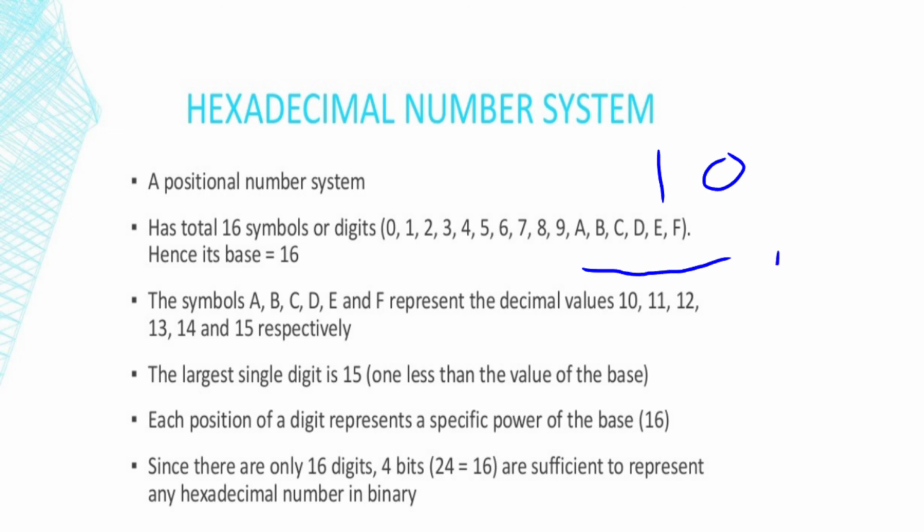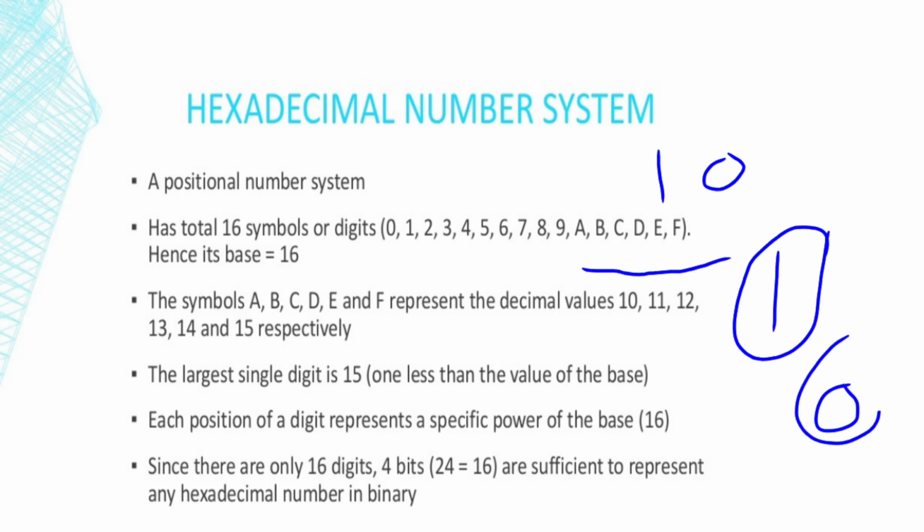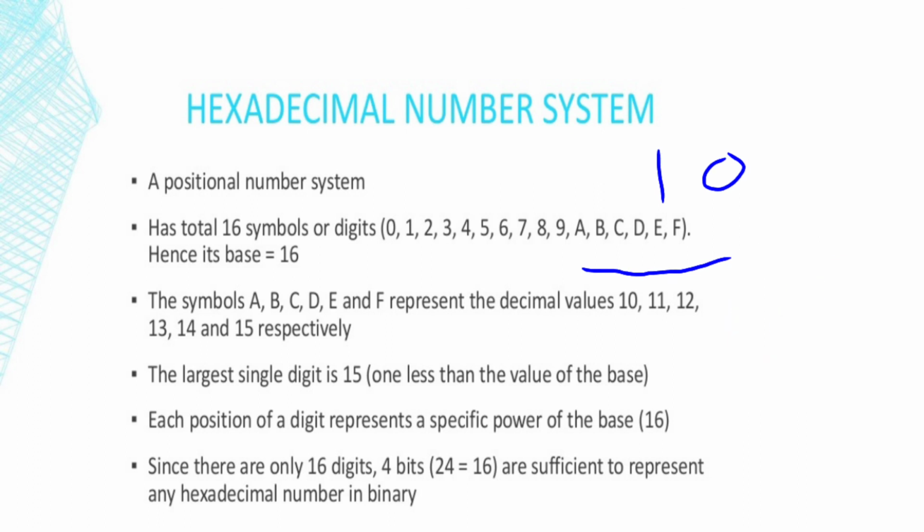Instead, the computer will store 1 separately and 0 separately, as two different numbers. Collectively my 10 will not be stored in the computer. Instead, the two separate numbers 1 and 0 will be stored. That is why confusion would be created for the computer, and this conflict is avoided by using the alphabets A, B, C, D, E and F. And please make sure not to write lowercase a, b, c, d. Make sure to write capital only. This is how hexadecimal differs from the other number systems.